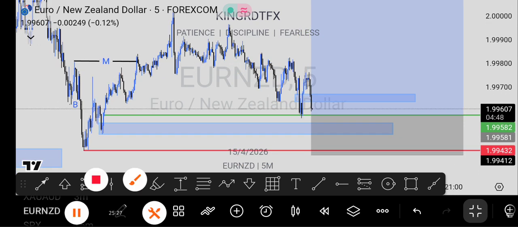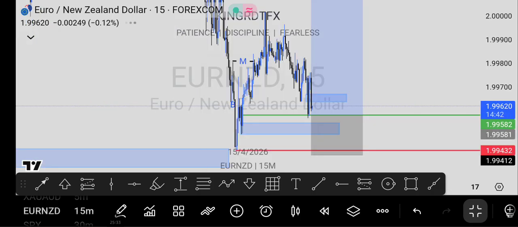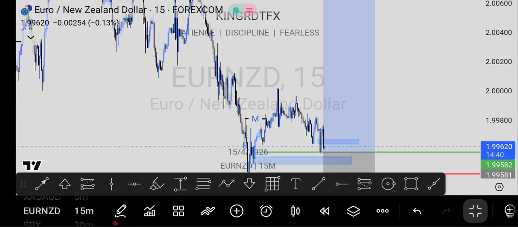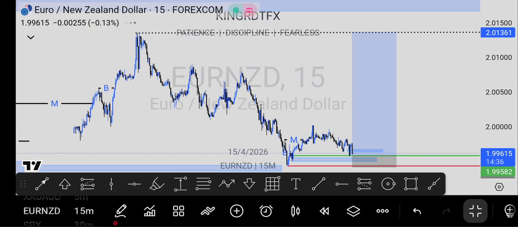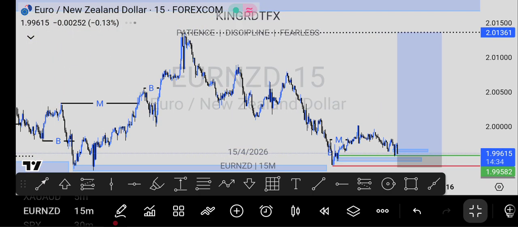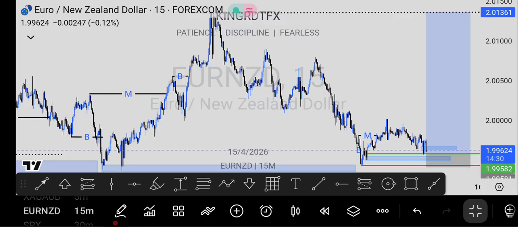So yeah guys, this is how I trade. Once I'm tapped in, yeah, I'm gonna place my trade with no regrets or whatsoever. With no regrets. Once I'm tapped in, I let it fly.